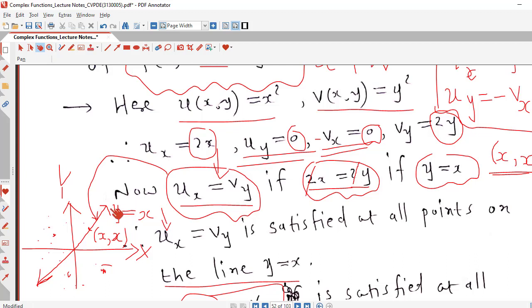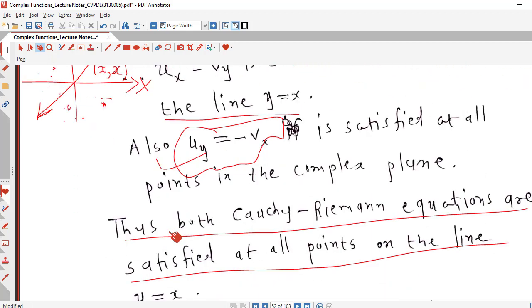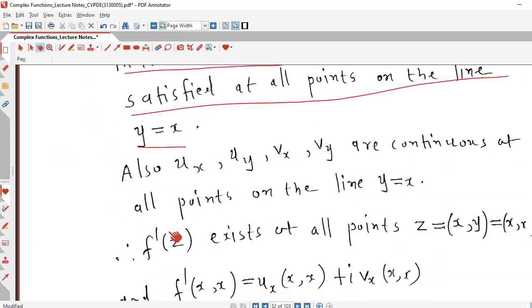So at all the points on the line y equal to x, both conditions are satisfied. Therefore the given function is differentiable at all the points on the line y equal to x, and the points on the line y equal to x will look like this, ordered pair x comma x.